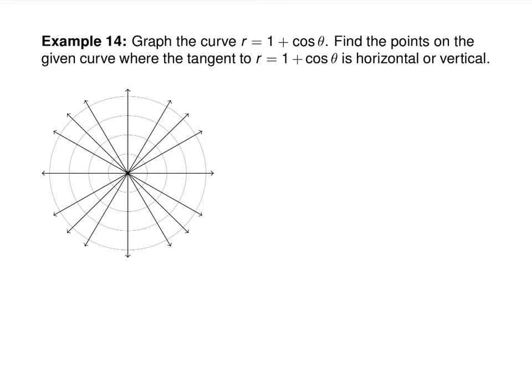So graph the curve r equals 1 plus cosine theta, and then find the points on the curve where the tangent is either horizontal or vertical. Didn't we already graph that? I don't know if we graphed 1 plus cosine or 1 plus sine, but you might have graphed 1 plus cosine. Okay, do it again. Well, it won't hurt. This is not a very hard one, right? 2 pi.